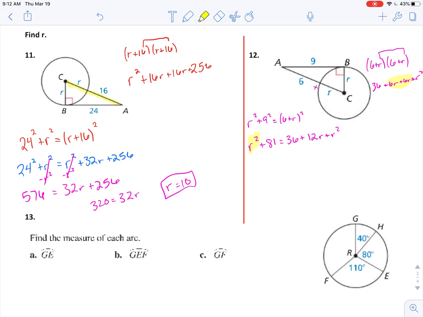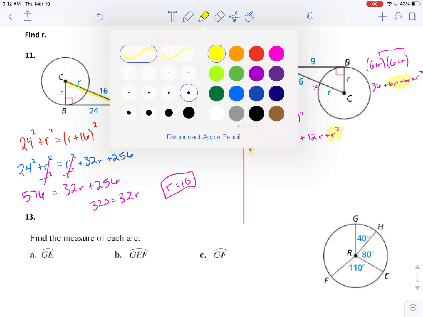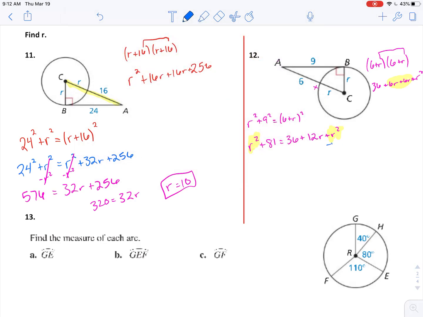And now let's look for some like terms to combine. I've got an r squared on this side, r squared on that side. So if I subtract the r squareds, I've got 81 equals 36 plus 12r. If I subtract 36, 45 equals 12r.